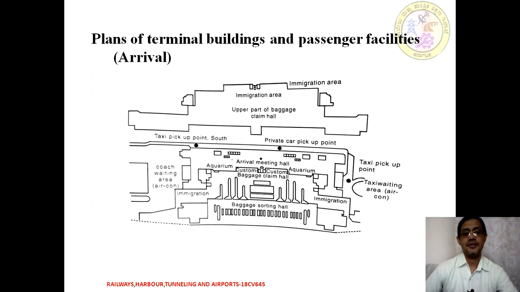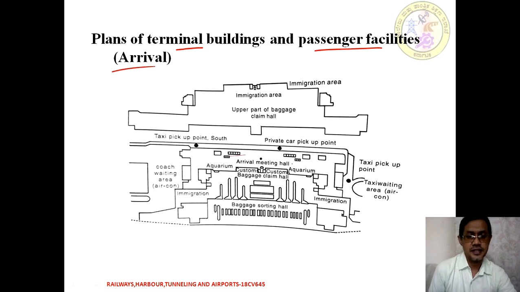As I am emphasizing, there are different types of terminals with respect to geometry and orientation. This plan is concerned with the terminal building where we provide passenger facilities for arrival.